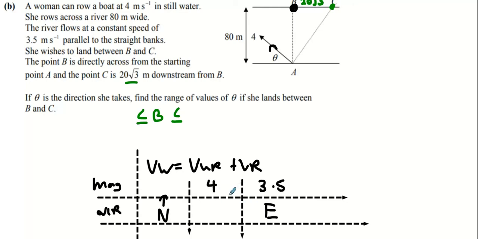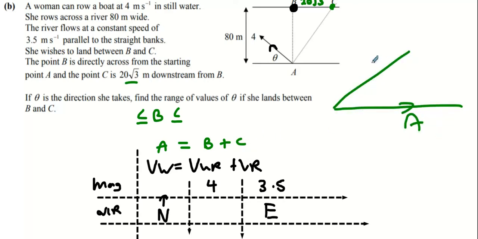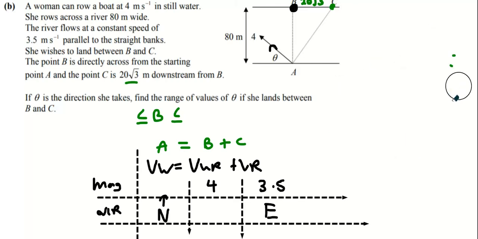Now we've got to construct our triangle. Please remember, it's a bit like the A equals B plus C gig. Vector A must equal vector B plus vector C. So let's start off with the velocity of the woman on its own. She goes straight up, straight north.